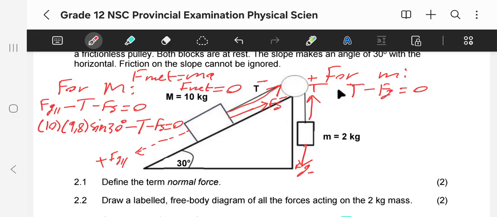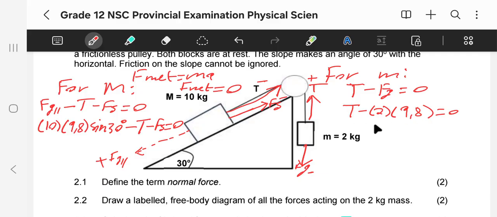From this formula, I'm obviously working with the forces that are acting on these objects, which happen to be horizontal for this and vertical for this one, and T is unknown minus, but I do know what Fg is. Fg is equal to mg. So here I'm going to substitute 2, which is the mass of m, and 9,8 is equal to 0.